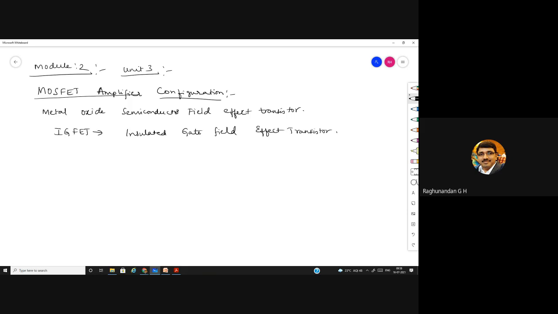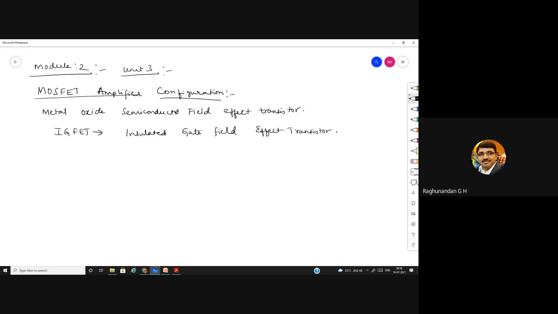So don't get confused if they ask you about the MOSFET. Basically, MOSFET is a type of FET, field effect transistor. In FET, we have two types, JFET and MOSFET. JFET is junction field effect transistor. MOSFET is metal oxide semiconductor field effect transistor.